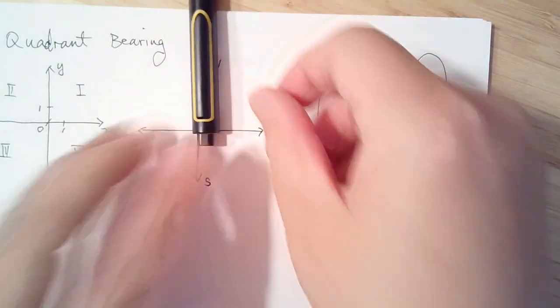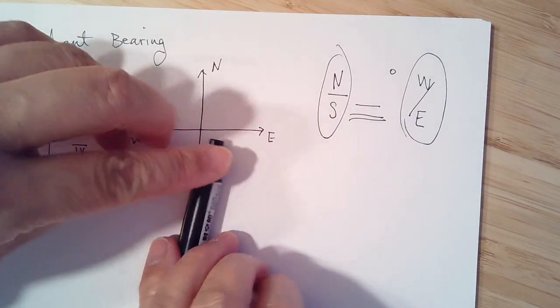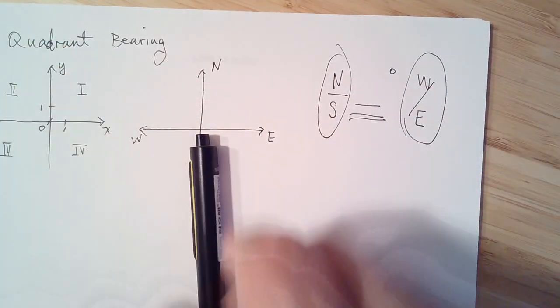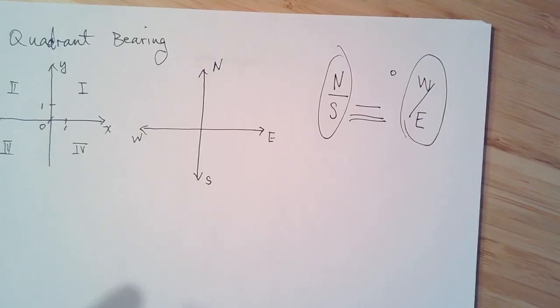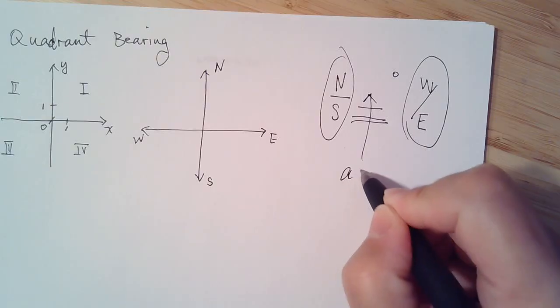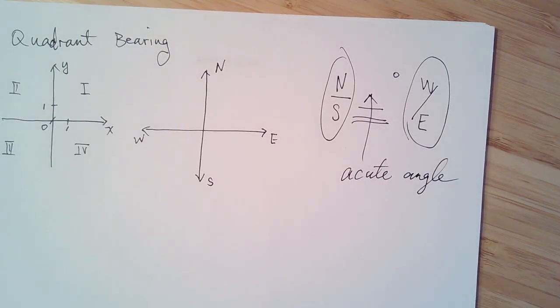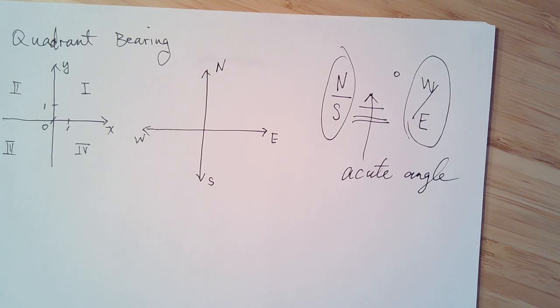The minimum is 0, right? So 0 all the way to 90. How do you describe an angle between 0 and 90? Acute angle, isn't it? So here it has to be an acute angle. Sounds good?